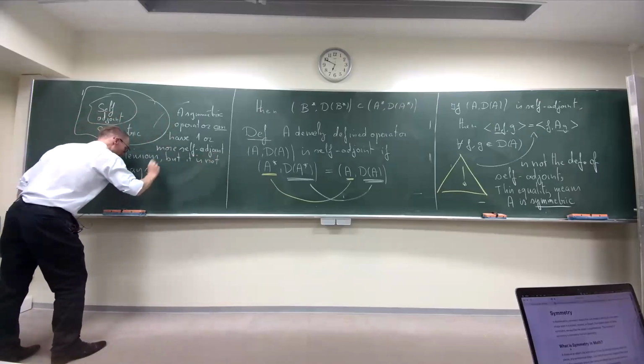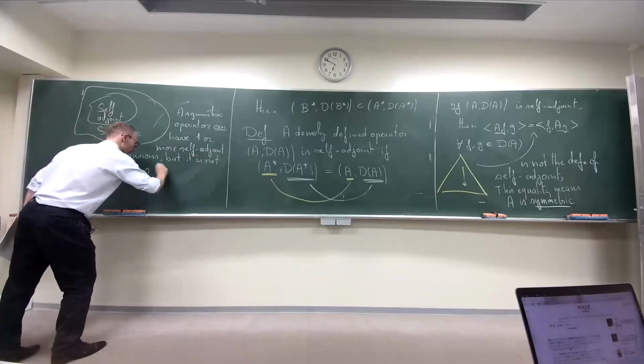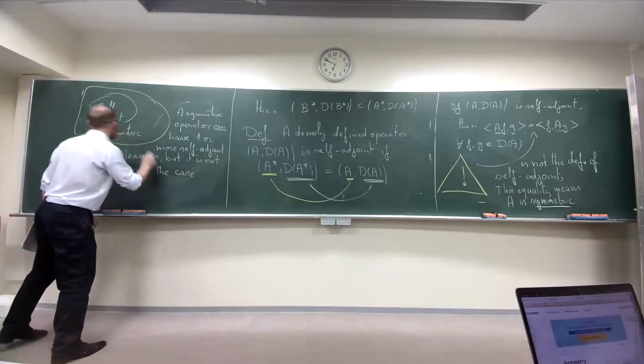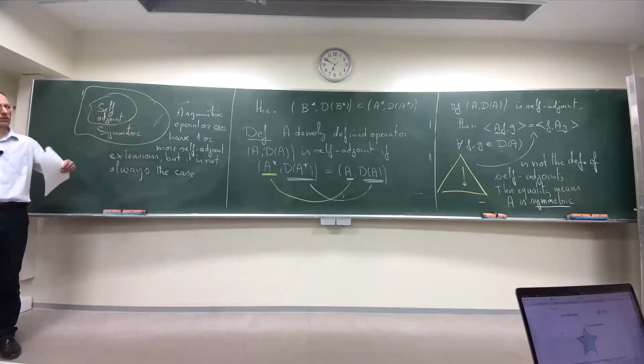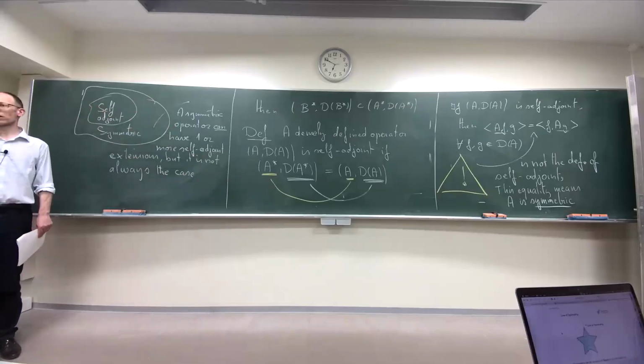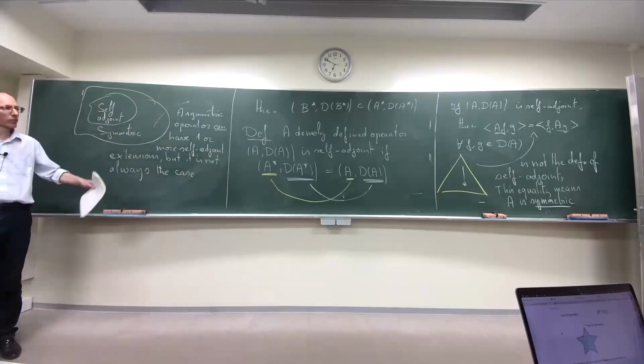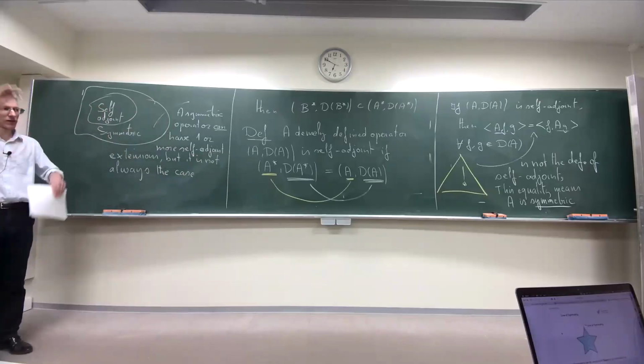And this is indeed an important topic. If I give you one symmetric operator, does there exist one extension, so a domain which is slightly bigger, such that it becomes self-adjoint or not? Or do you have more than one? So can you find different domains such that it's self-adjoint?